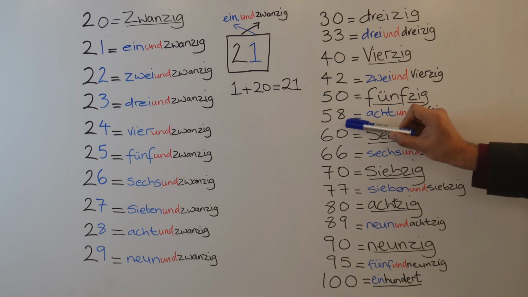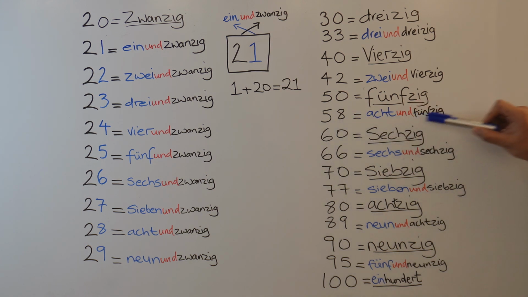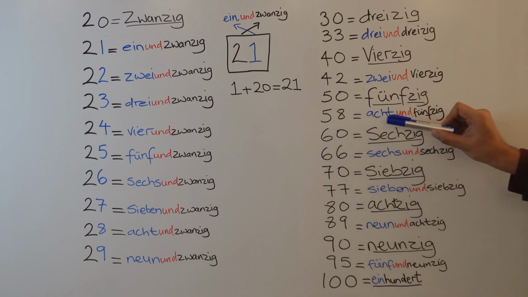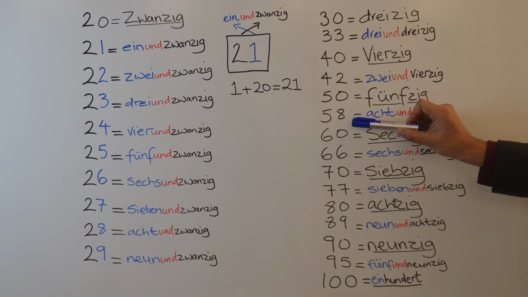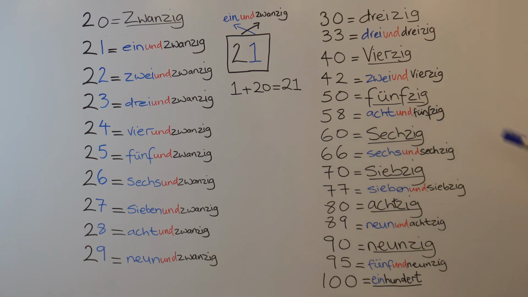So you see, the smaller number, the second number, will be pronounced before the bigger number. 58. That means 8 and 50. Then 59 and then you come to 60.